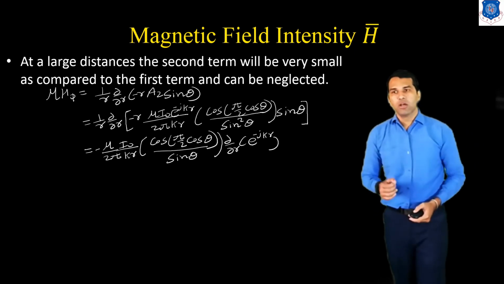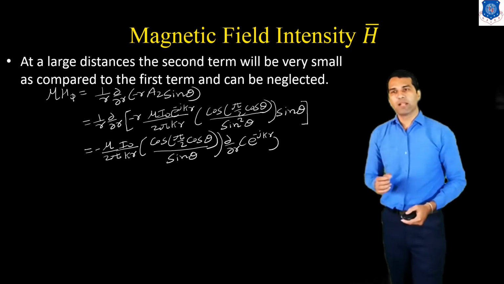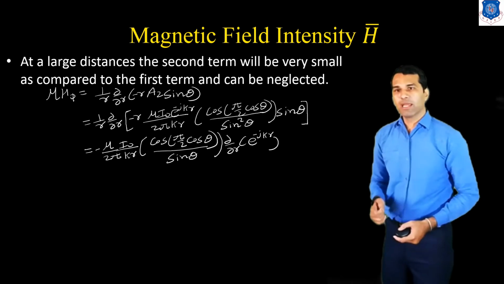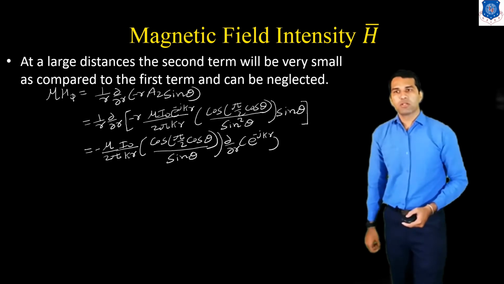So we get nu into H_phi is equal to 1 upon r del by del r of minus r A_z sin theta. Now we substitute the value of A_z from equation number 5. So now we put the value.